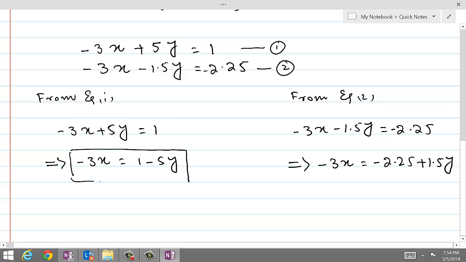From equation 1, this is the value for minus 3x, and from equation 2, this is the value for minus 3x.